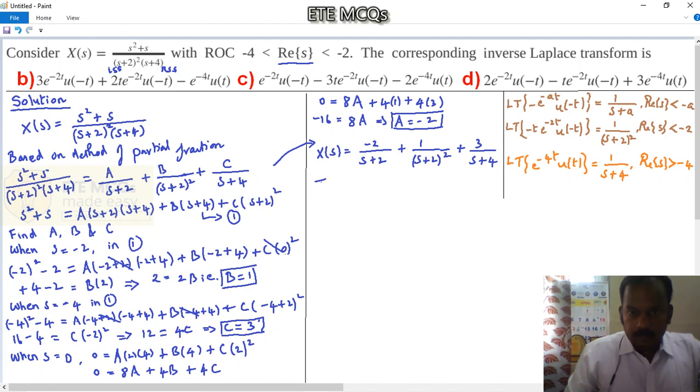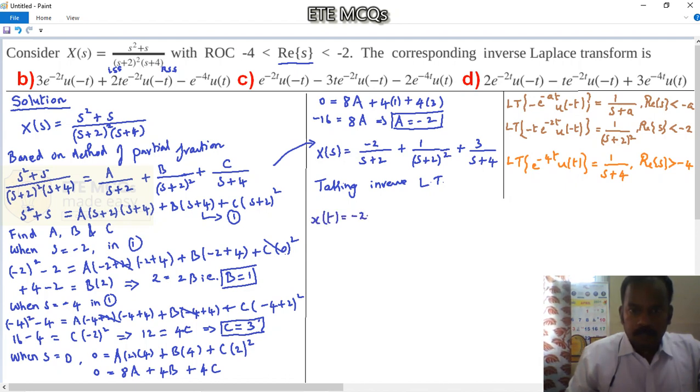So taking the inverse Laplace transformation, X of s on taking inverse becomes x of t.